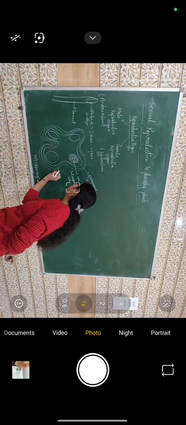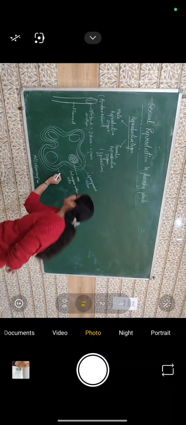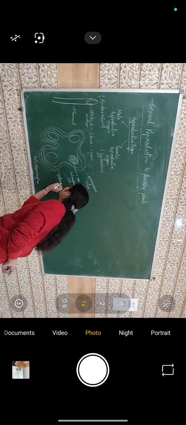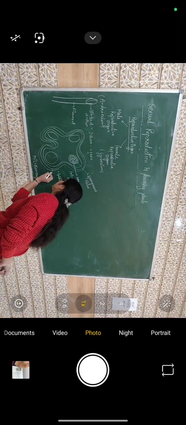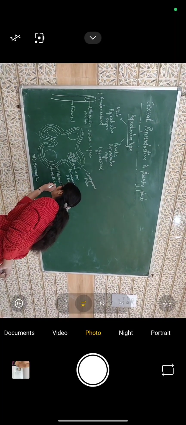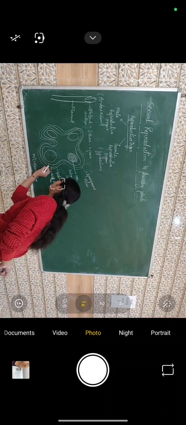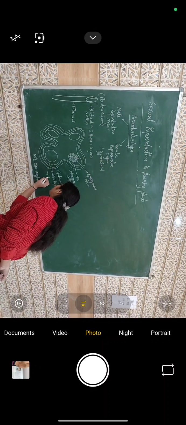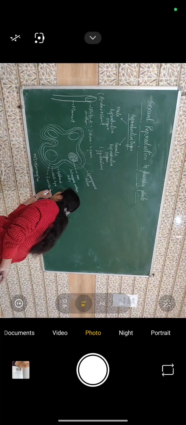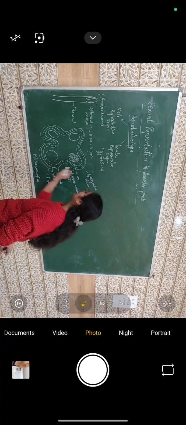The microsporangium has a total of four layers. First layer is the epidermis, second layer is the middle layer, third layer is the endothecium, and fourth layer is the tapetum.